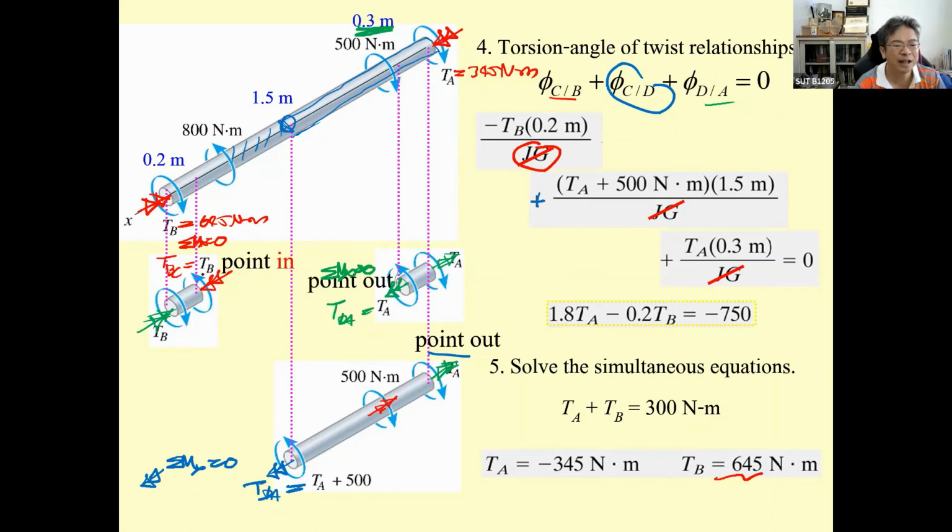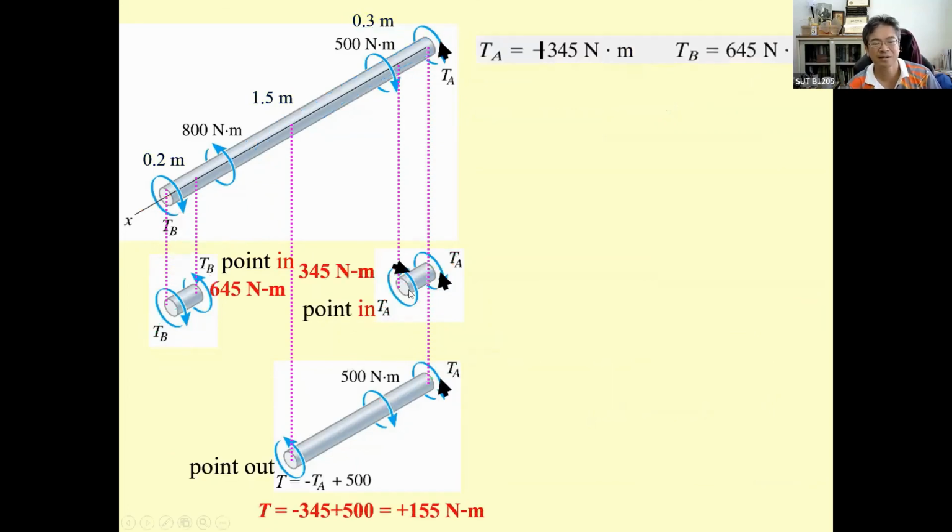So T sub BC is going to be 645, and this one is going to be in the opposite direction. Okay, this one is going to be 345 Newton meter. So just change the direction.